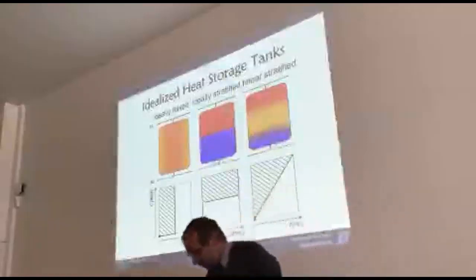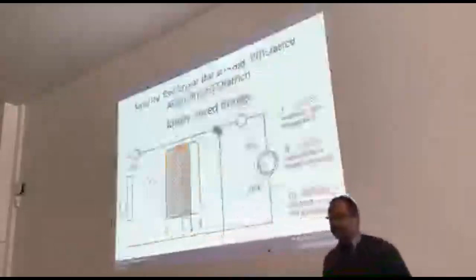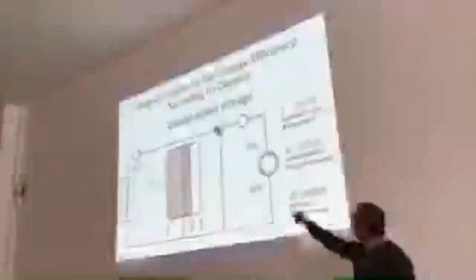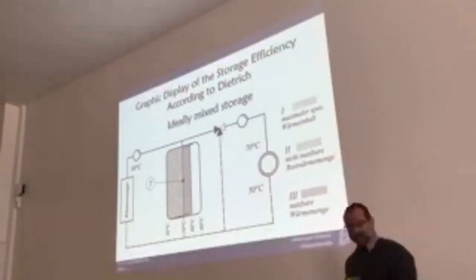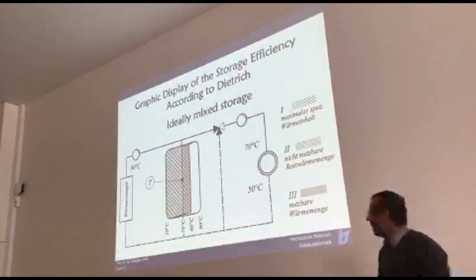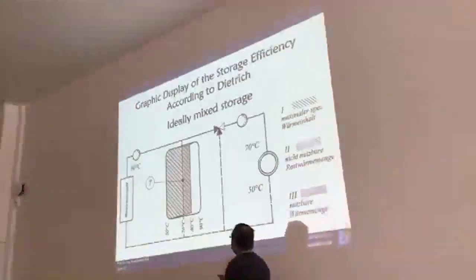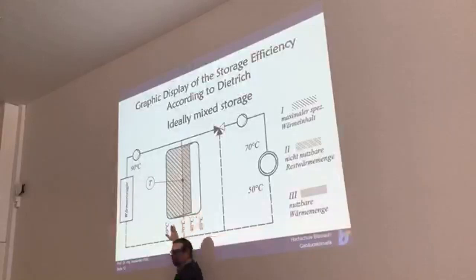What we are doing, we put these ideal tanks into our hydraulic scheme. That's done here. That's the first tank, the ideal mixed tank. In the ideal mixed tank, I just repeat, the temperature is everywhere the same. The vertical temperature line here is going to the right loading and going to the left unloading.